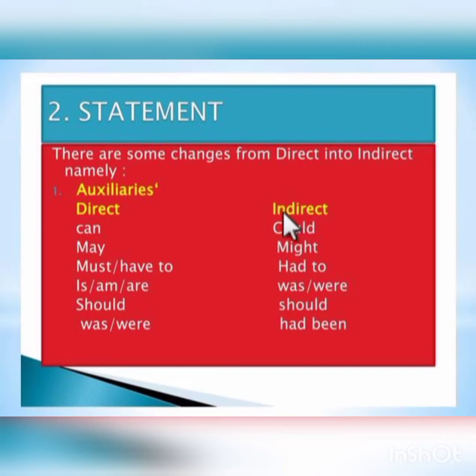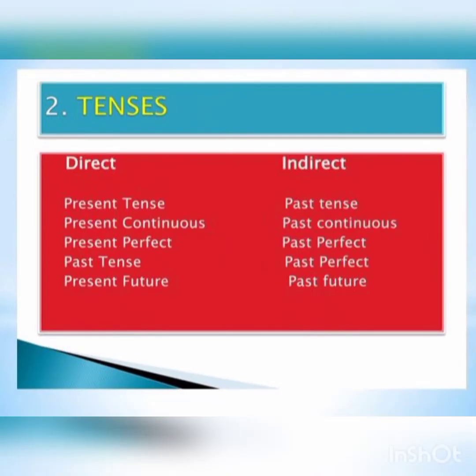For instance, can, could, may, might, must, have to, had to, and etc. And about tense, present tense will be changed to past, present continuous, past continuous, present perfect, past perfect, and past tense, past perfect tense, and like this it goes on.